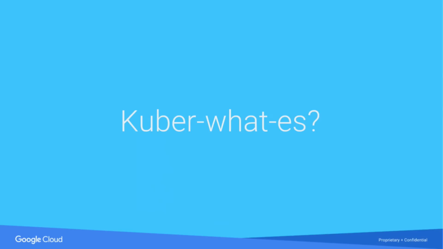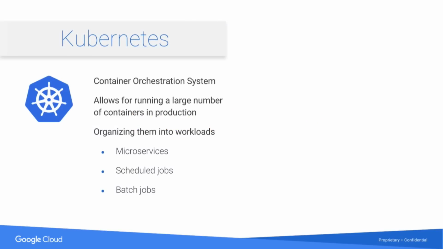What exactly is Kubernetes? So Kubernetes is essentially a container orchestration system. It's an open source product that, as I mentioned, came out of our labs, and it allows you to run a large number of containers and orchestrate them to remove complexity and assist with managing and monitoring those.